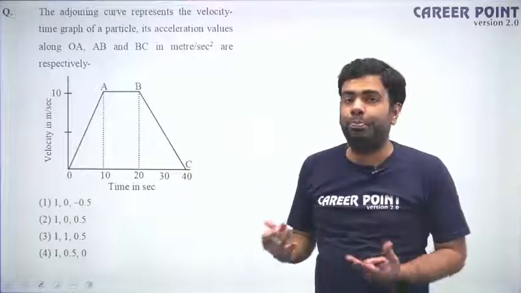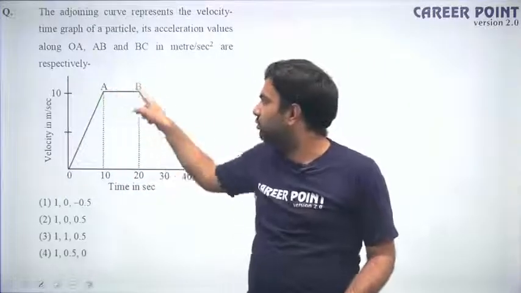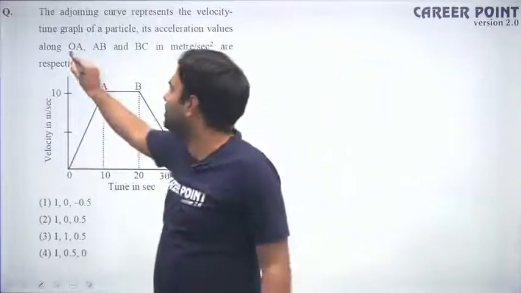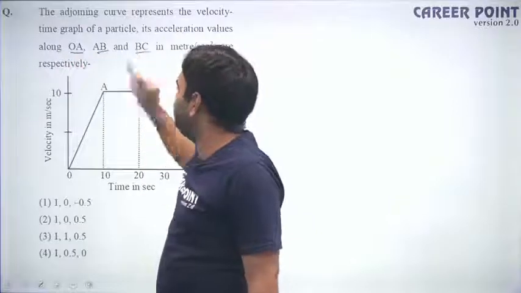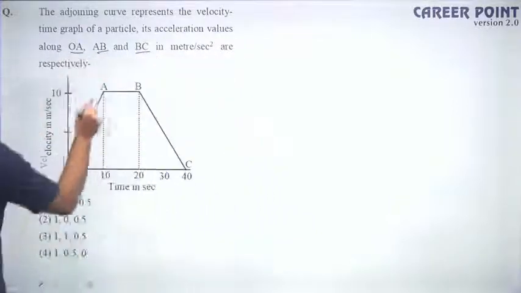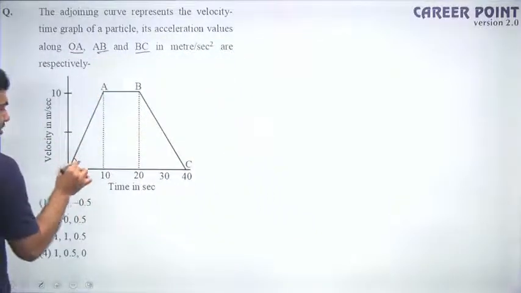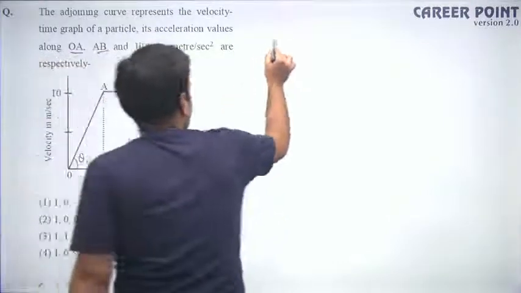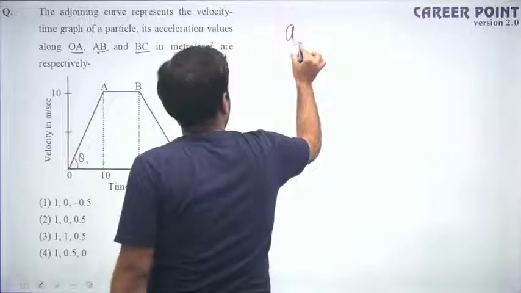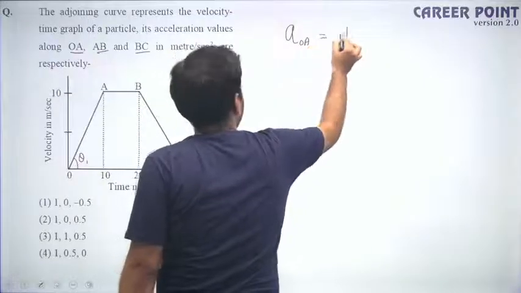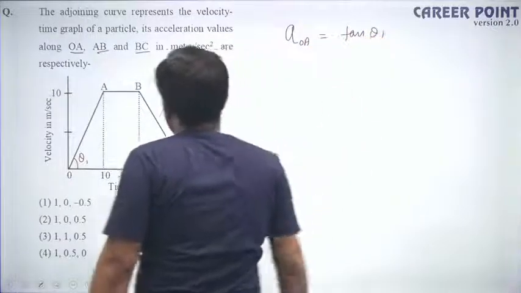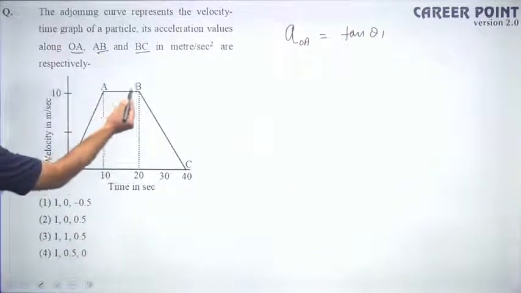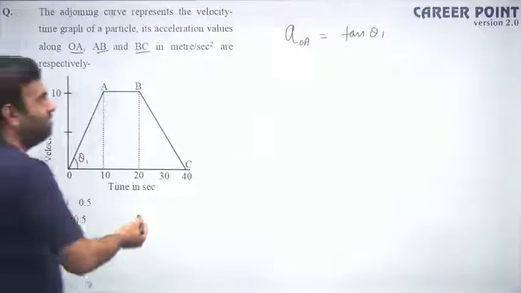So the slope of the VT graph will give you the acceleration, because it is asking the average acceleration between OA, AB and BC. So from O to A, suppose this is theta 1. Acceleration from O to A is equal to tan theta 1, and as you can see, the slope from A to B is 0 because it is parallel to the time axis.